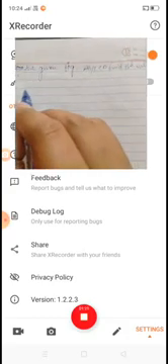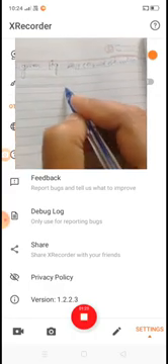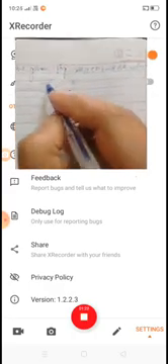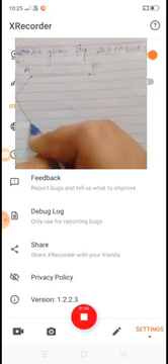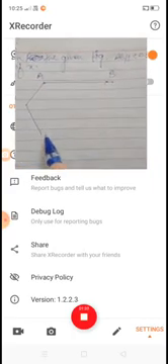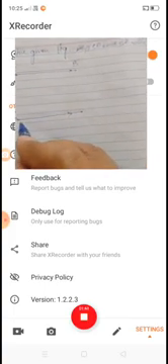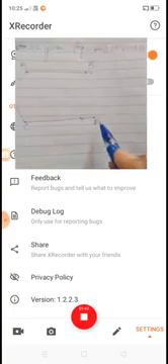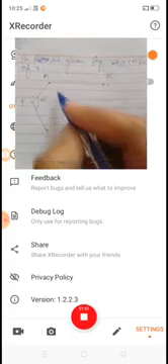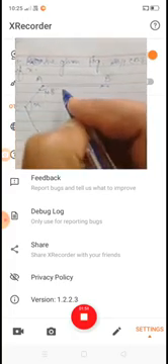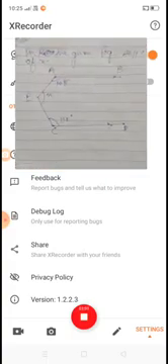This is the figure, and here this is 108 degree, and here 112 degree.